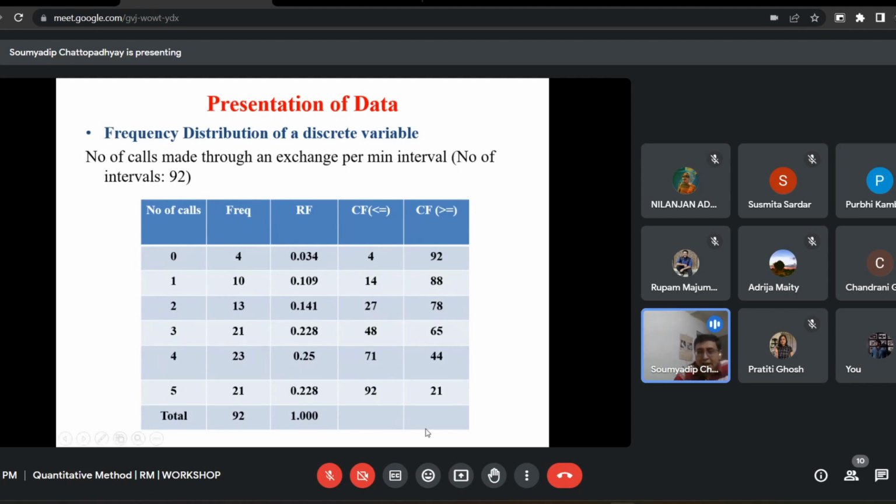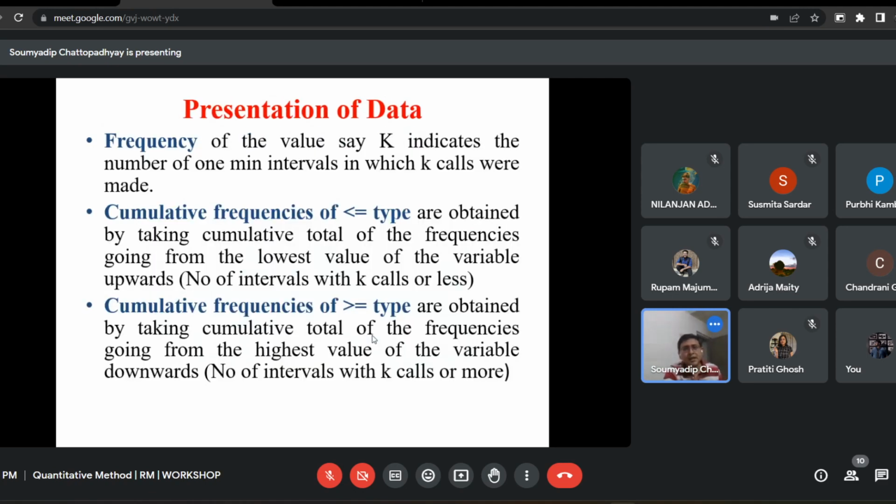If you consider 48, the interpretation is as follows: out of 92 one minute intervals, there are 48 such intervals in which 3 or less calls are made. This is how you interpret the cumulative frequencies of less than type, and similarly you can interpret the cumulative frequency of greater than type.